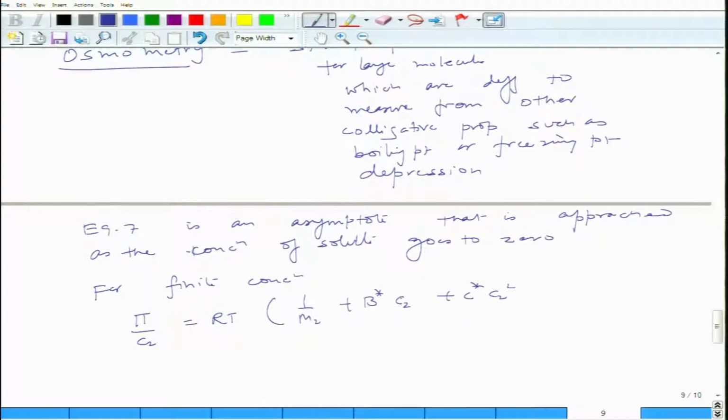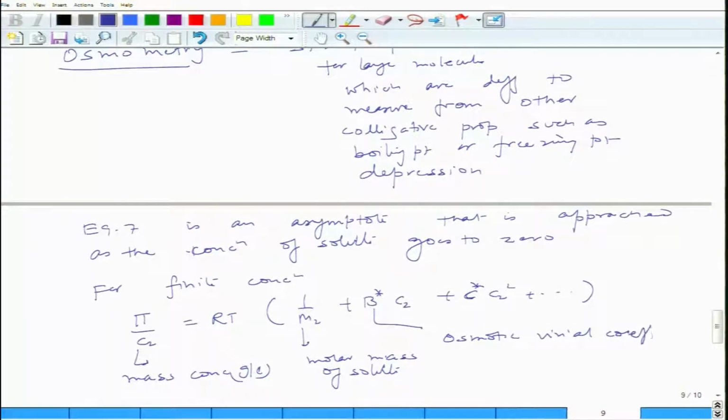The small c's here are the mass concentration in gram per liter, M is the molar mass of the solute, and B star and C star are nothing but osmotic virial coefficients.